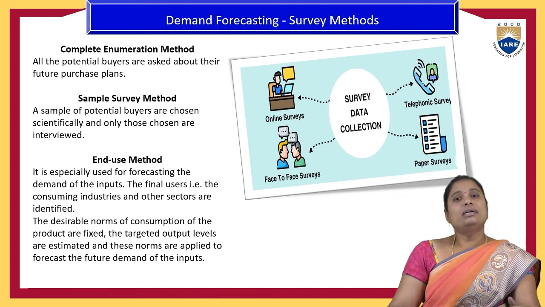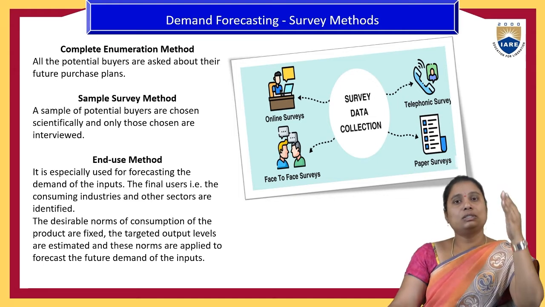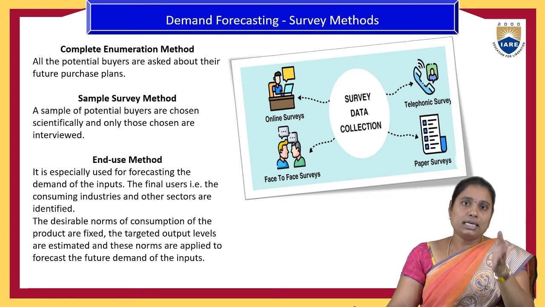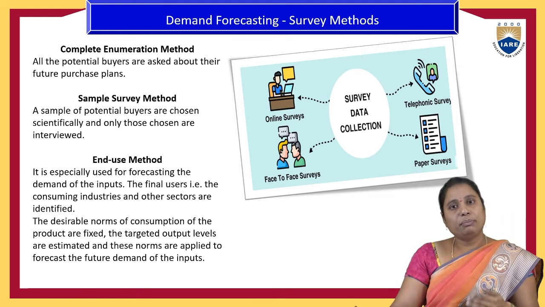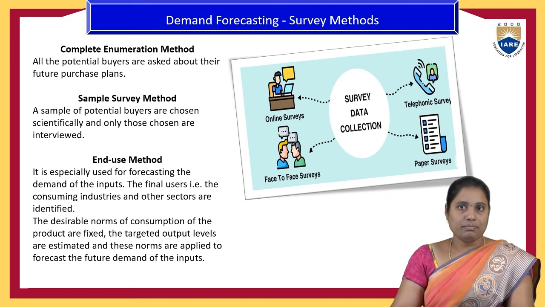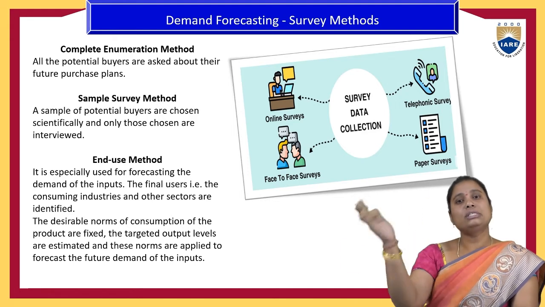Then, if the usage of that product, the consumption level, is high and there are a large number of people, then at that time it is better to go for the end use method. That means finally looking at who is using that product.